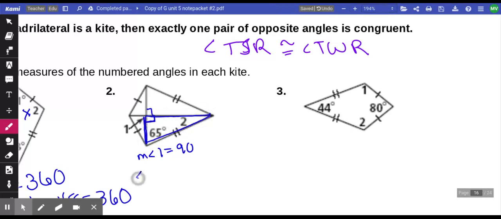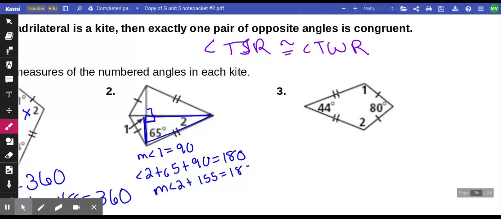So it's going to be angle 2 plus 65 plus 90 equals 180. So angle 2 plus 155 equals 180. Subtract 155 from both sides. And we get that angle 2 equals 25.